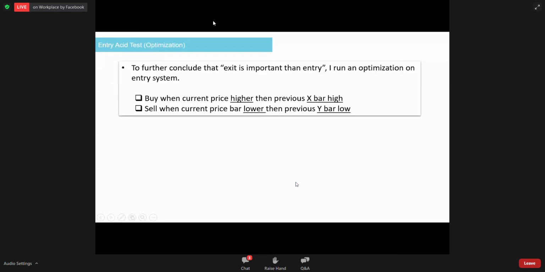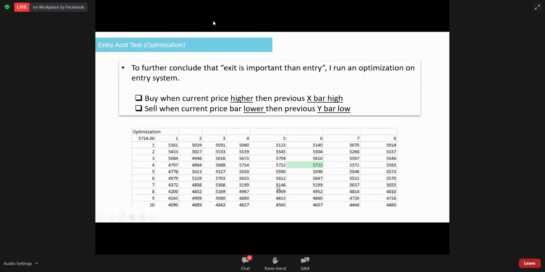Okay, so now we talk about optimization. Optimization is something like, if this is combined with that, what will be the result? Like you use two moving averages crossover to give you a buy sell signal, so which combination gives you the best result?